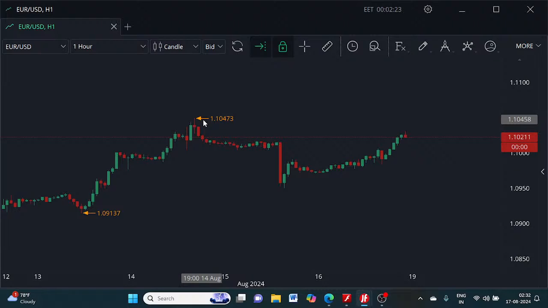Its trajectory has been bullish, and I feel it has momentum on the bullish side because the dollar has been retreating against most of the currencies, and the euro is seeing a similar trajectory where it is gaining ground against the US dollar.